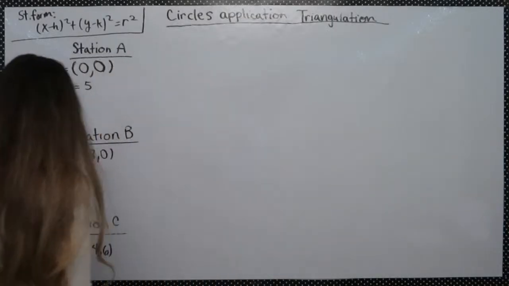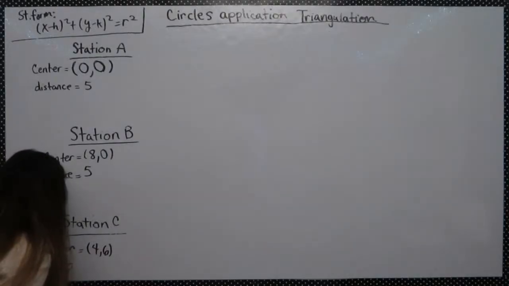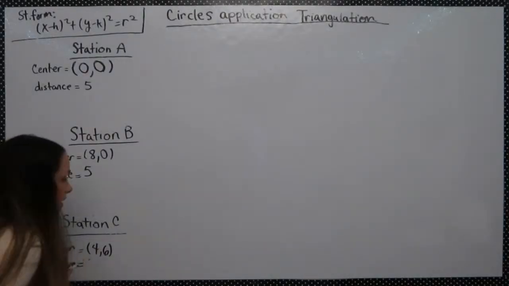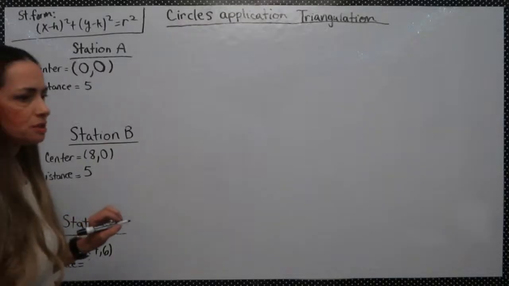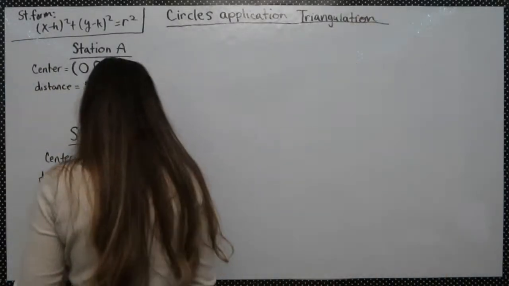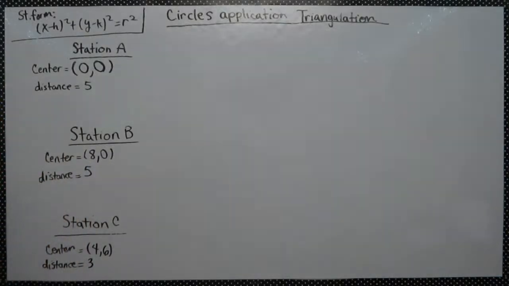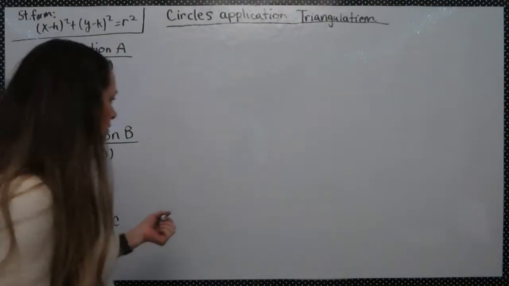And it's saying this distance is from station C, so that would be just a distance of 3. Okay. So when you're writing your equations for your circles, we can graph these based on this knowledge. So let's go ahead and sketch these circles out, and then we're going to write the equations.